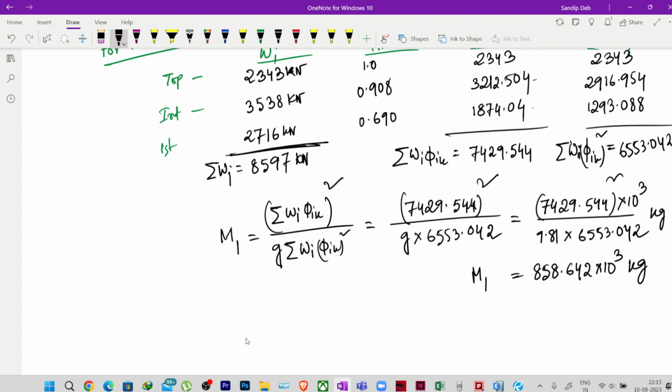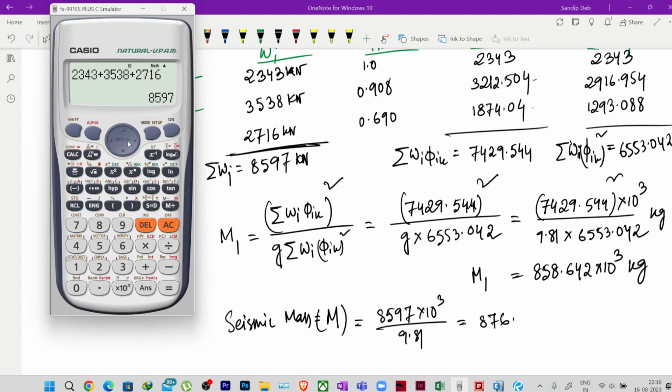Converting the seismic mass m to kg, it will be 8597 times 10 cube divided by 9.81.